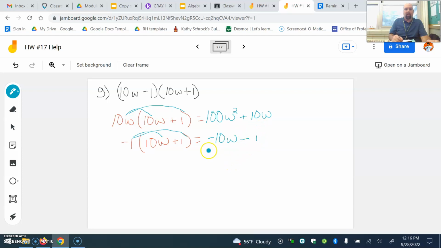All right, so now when I look at my like terms, I have 10W and -10W, and those cancel. So 10W minus 10W is 0. So all I'm left with for an answer, 100W squared minus 1. And that is your final answer for G.